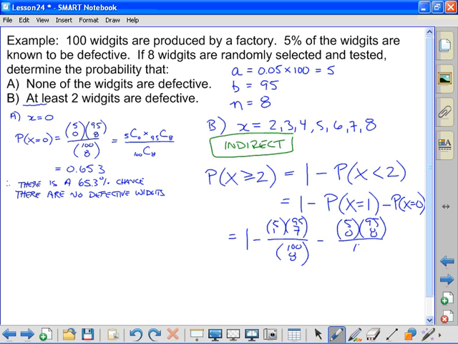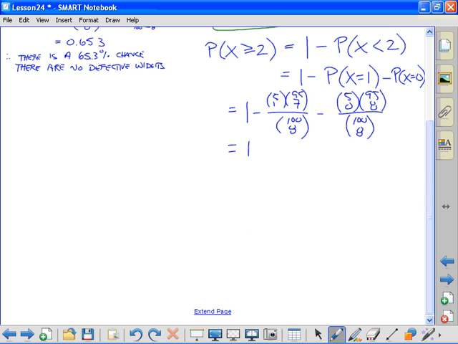And that last one I kind of like because I already have that calculation completed. So 1 minus. Extend this page down a little bit. So the last one I know is 0.653. And now I just have to do that intermediate calculation. 95 choose 7, divided by 100 choose 8.